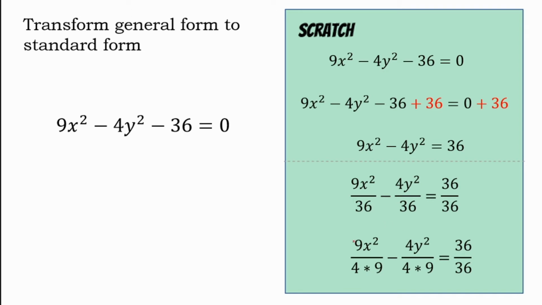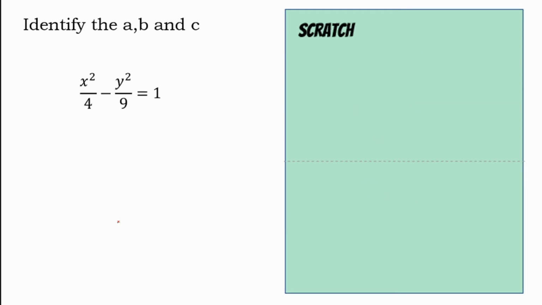Here, we reduce to lowest terms 9 over 36 and 4 over 36, to come up with our standard form: x squared over 4 minus y squared over 9 equals 1. Now we can identify the A, B, and C of our hyperbola.